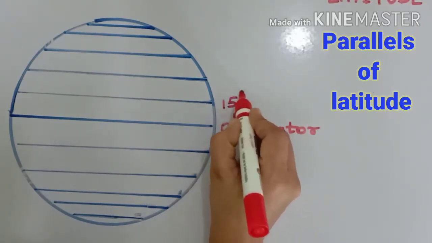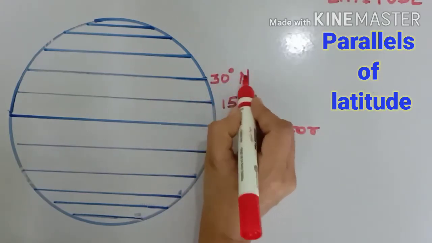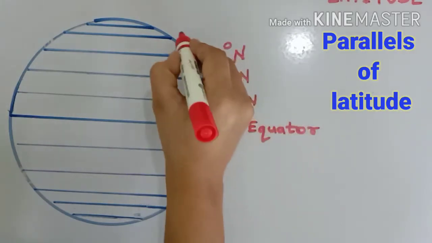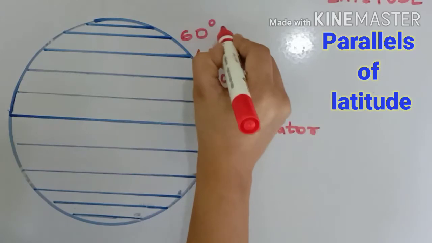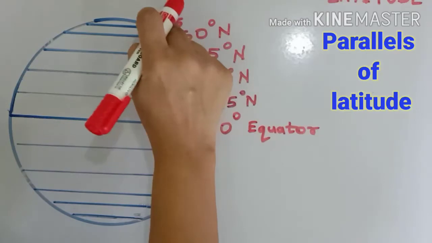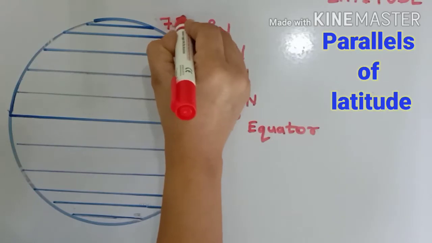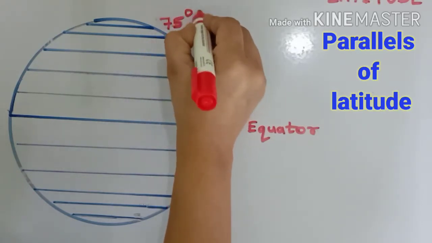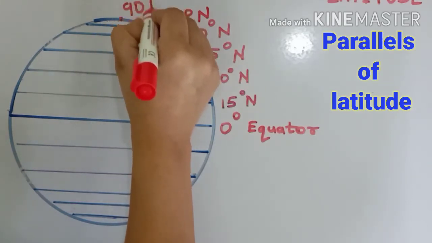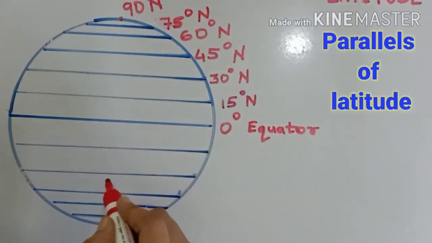Here 15 degree north, here 30 degree north, 45 degree north, 60 degree north, 75 degree north, and here 90 degree north. 90 degree north is the North Pole.